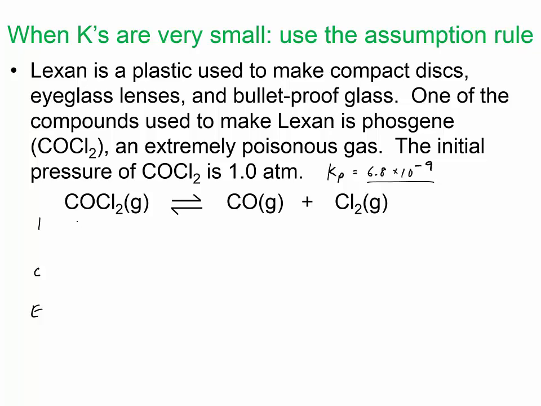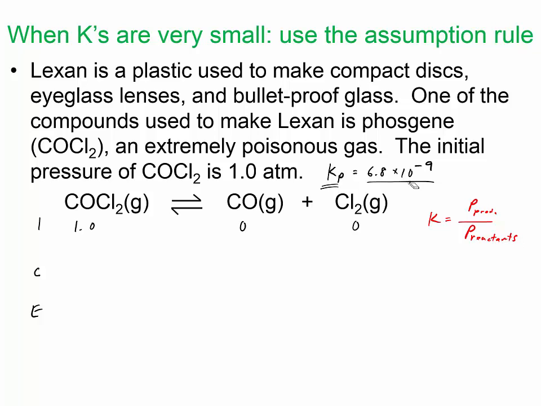Initially, we have 1 atmosphere of this, and neither of these are present. So let's review real quick what K means. Remember that K is equal to the concentration of products, or in this problem, actually the partial pressure of your products divided by the partial pressure of your reactants.